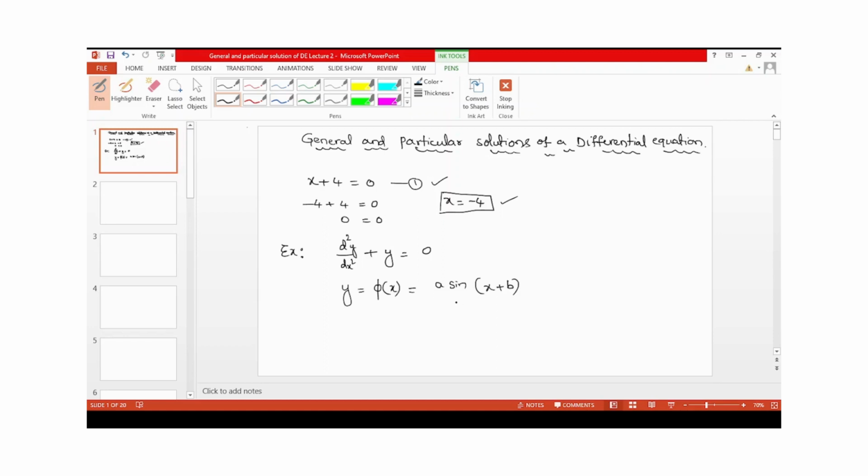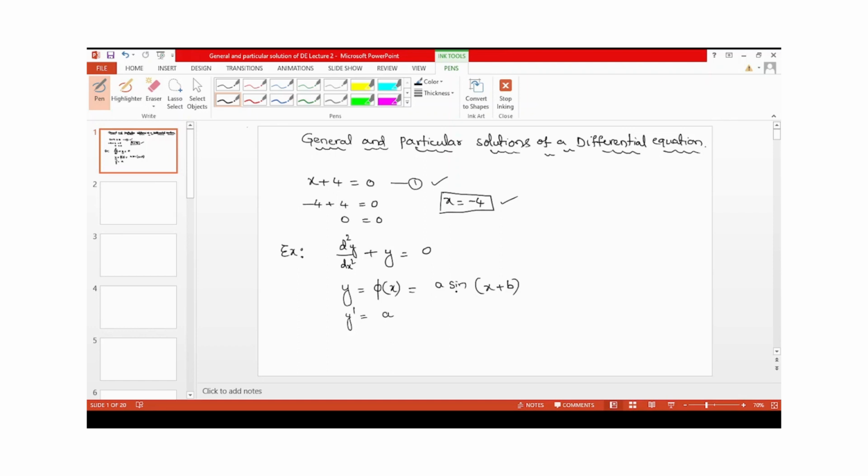Why? Because when I find y dash and y double dash and substitute in this equation, if it satisfies the differential equation, then we say that this is a solution curve for the given differential equation. So let us first find y dash. A is a constant, b is also a constant.